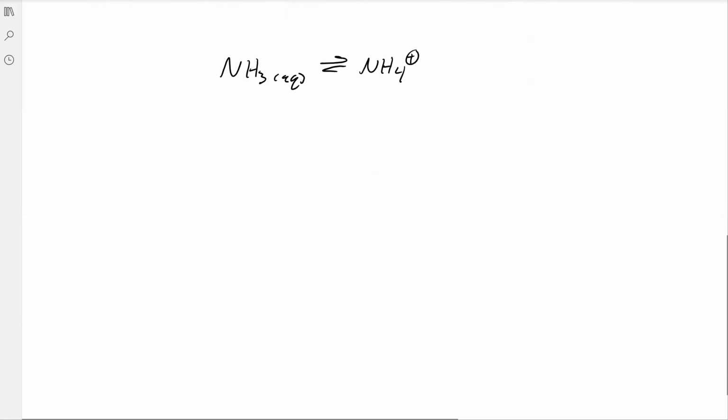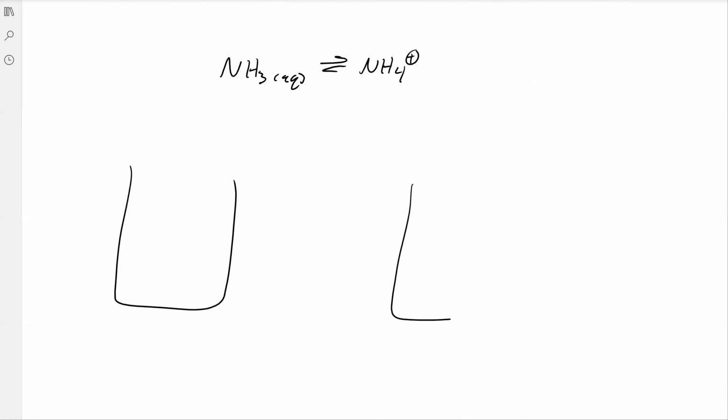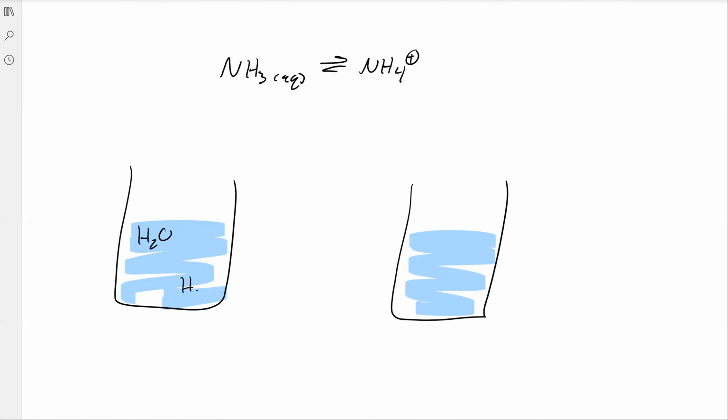We take some NH3 and some NH4 plus, and we put equal amounts of them into solution, or not equal amounts if we want the pH to be something different. In our solution, we've got some water molecules, and now some NH3 molecules and some NH4 plus molecules, right? And we're gonna do 2 of them.